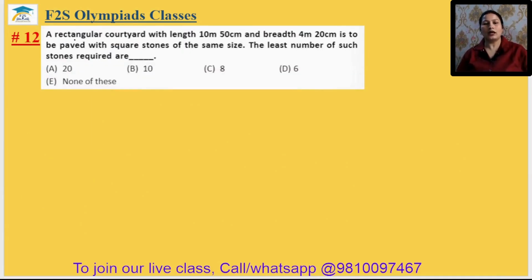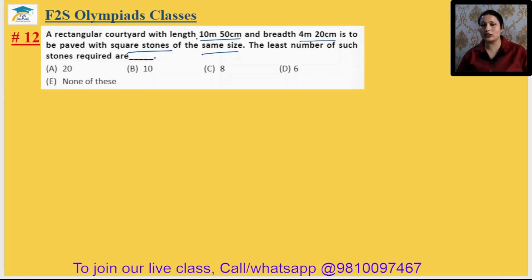Question number 12. A rectangular courtyard with length 10 meter 50 centimeter, breadth 4 meter 20 centimeter is to be paved with square stones of the same size. The least number of such stones required is. To find the least number of square stones, first we have to find the dimension of the square stone, meaning its side.